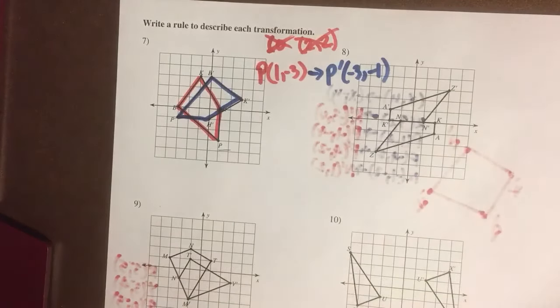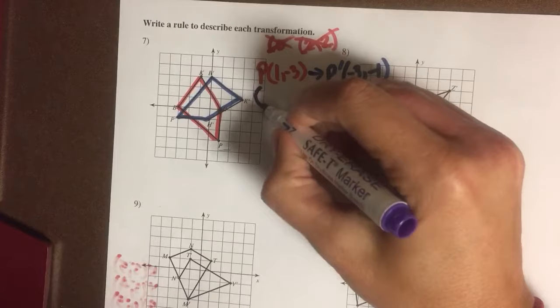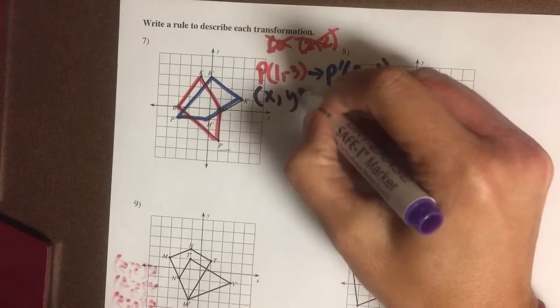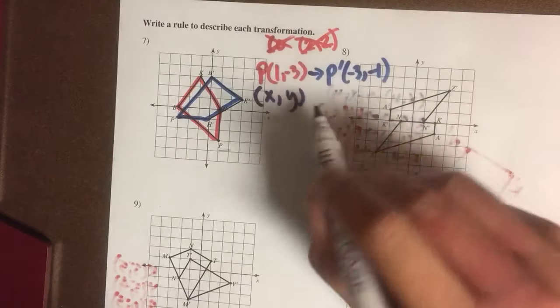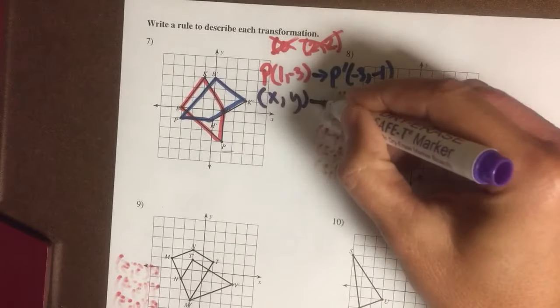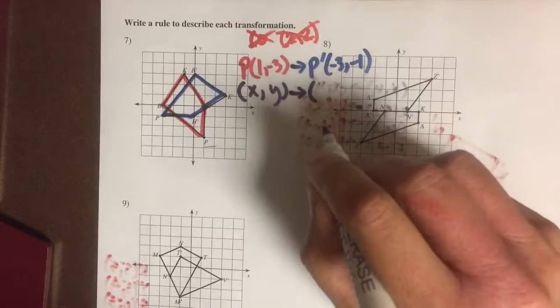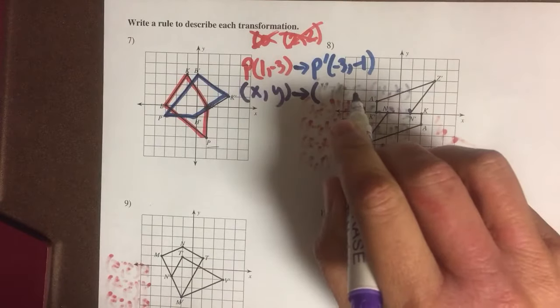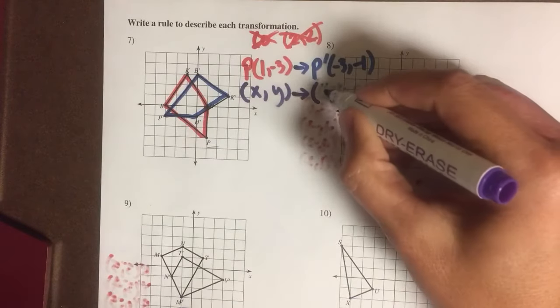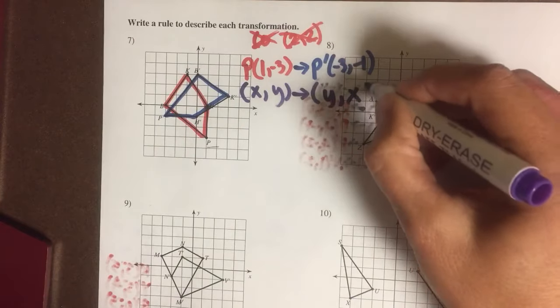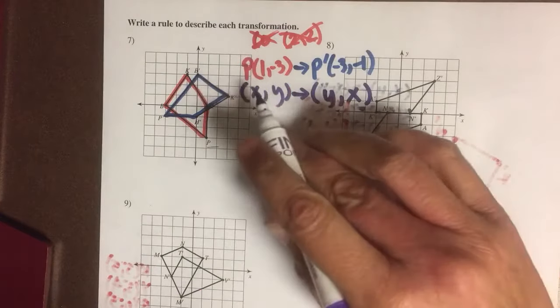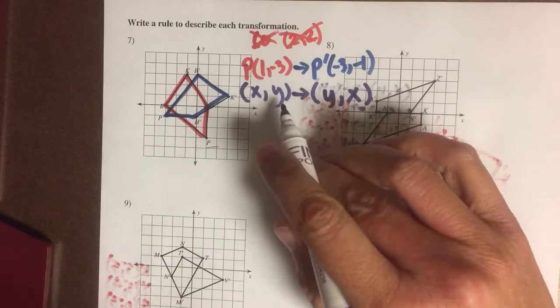Well, I'm going to write this as x, y. I'm going to make 1 the x, -3 the y, and then I'm going to try to figure out how I got from here to here. Well, first of all, the 1 and the 3 did what? They switched places. So I know that I'm going to have a y, x of some sort. The y and the x values switch places.